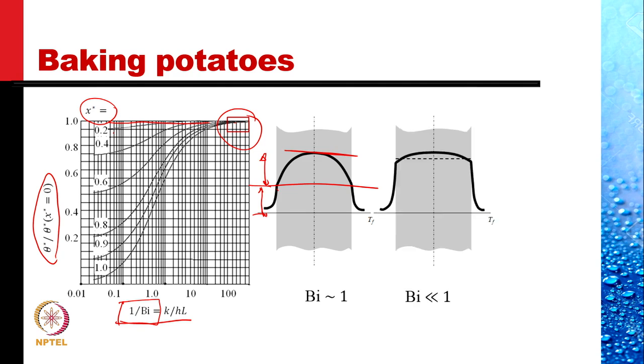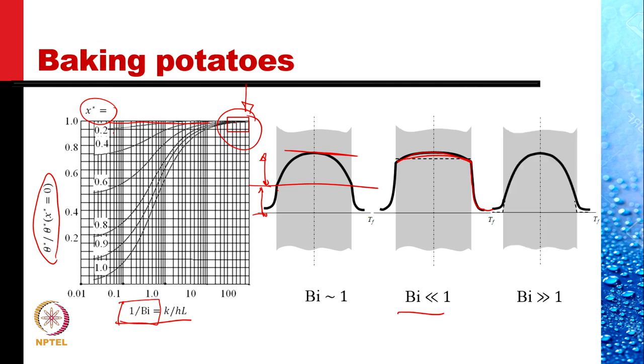But if the Biot number is very small, that is 1 over Biot number is large, the variations within the potato are small and negligible compared to the variation of temperature in the fluid. So we are not going to make serious mistakes if we assume the temperature throughout the bulk of the potato to be constant, only one temperature.